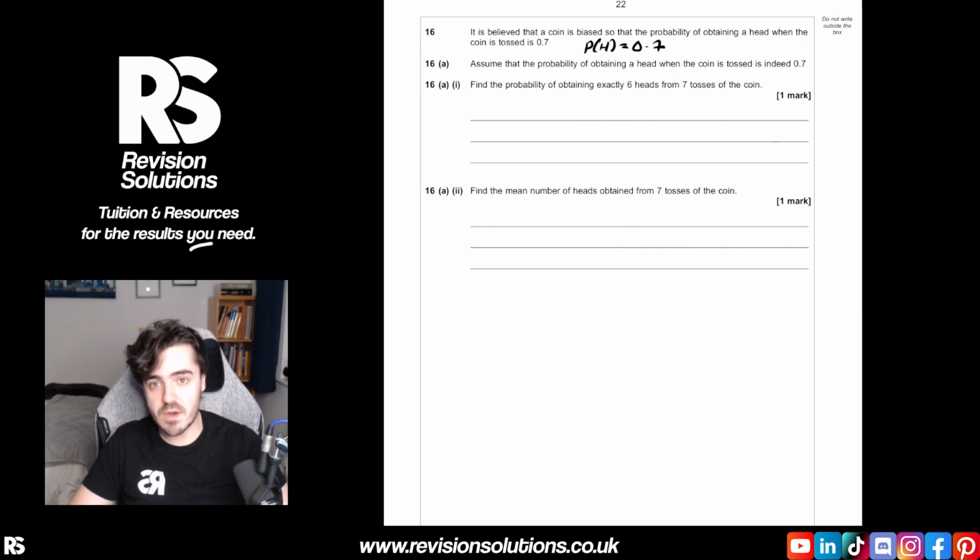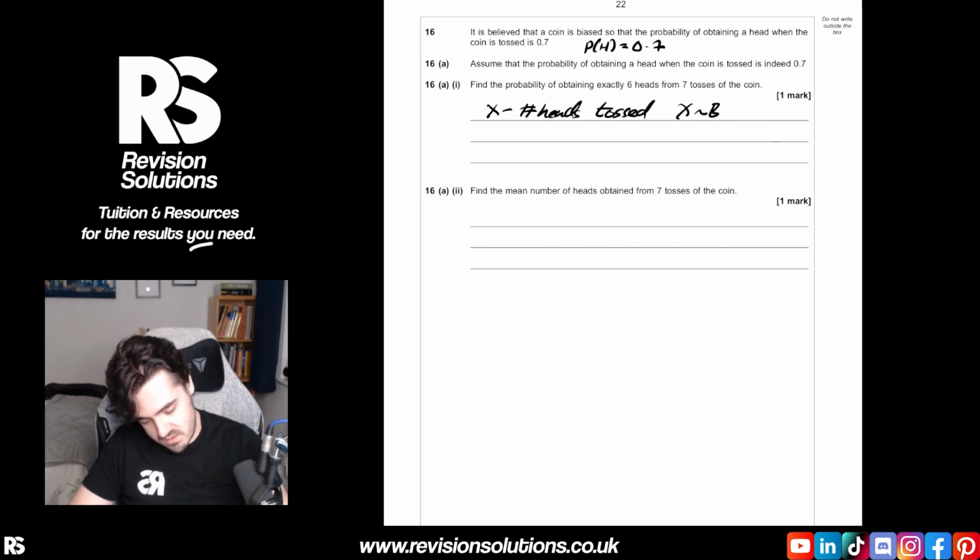So that's a classic binomial problem. So if we say x is the number of heads tossed, then the distribution would be x is binomially distributed with a sample size of 7 and probability of success of 0.7. And we're looking for the probability x equals 6.